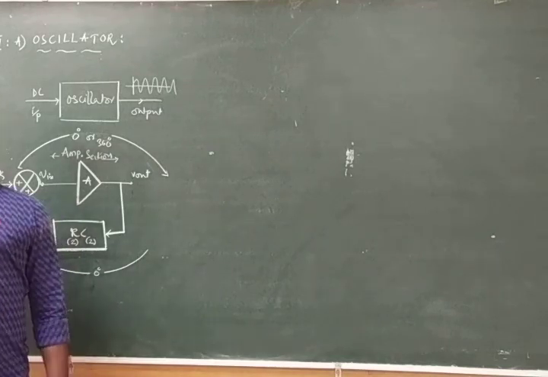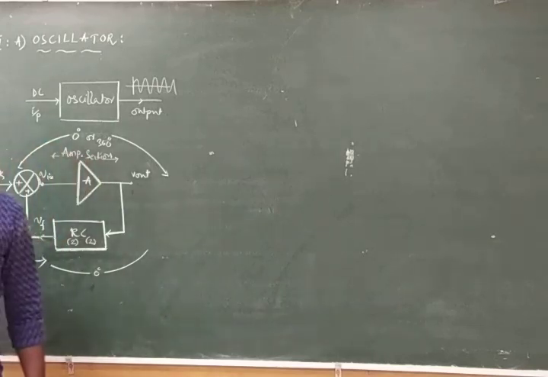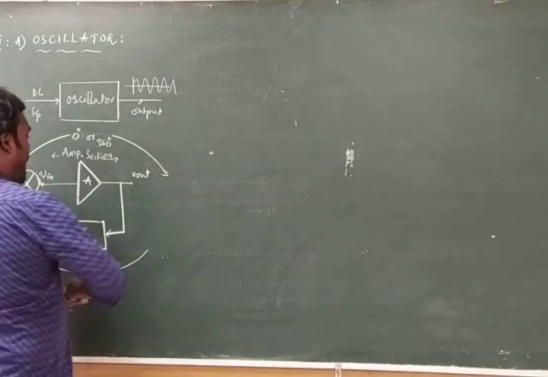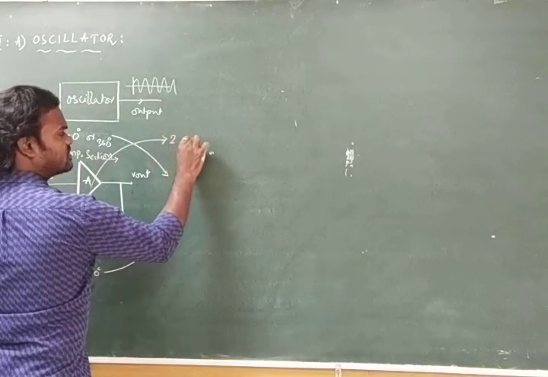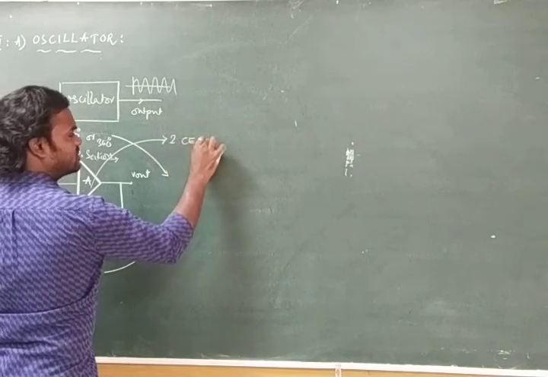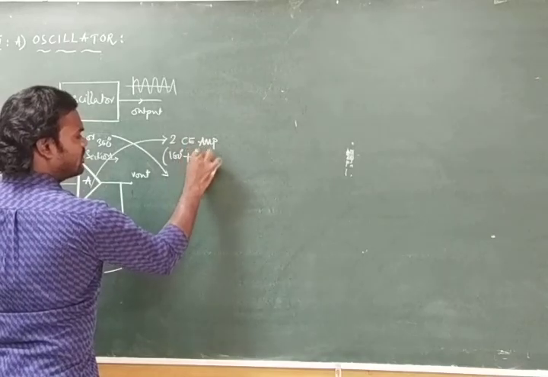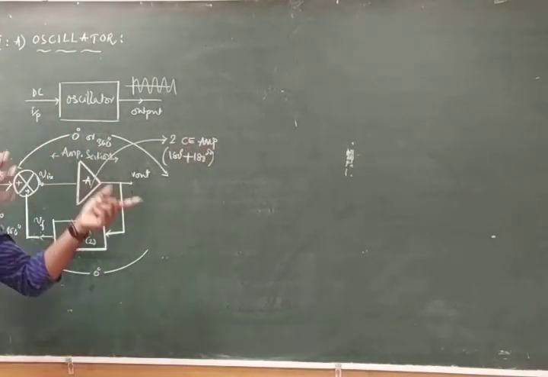That means the amplifier section has to be designed with two CE amplifiers, one with 180, another with one more 180. Having this, you can go with the circuit diagram.